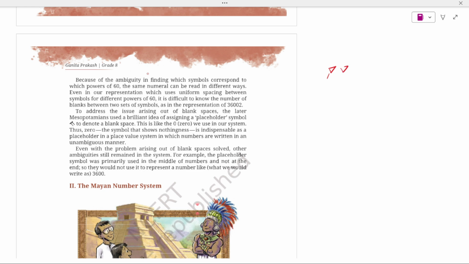When we use two symbols, we don't know how much gap to leave. To address the issue arising from the blank spaces, the later Mesopotamians used a brilliant idea of assigning a placeholder symbol to denote a blank space. We'll read it later on.